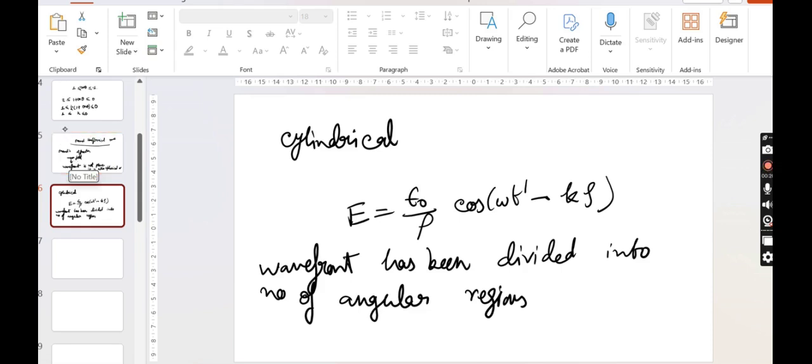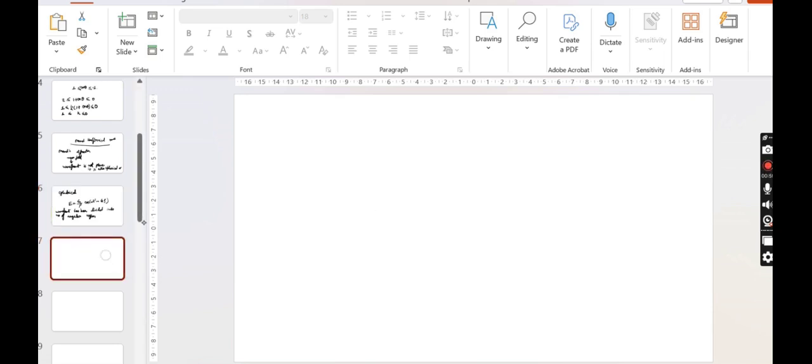We know that the mathematical description of a harmonic spherical wave at a point P, far away from a source, is given by that. And now we divide the wavefront into some angular regions for our mathematical expression.